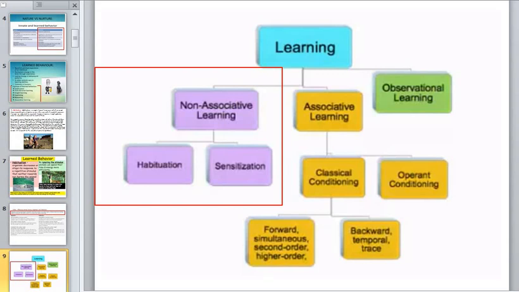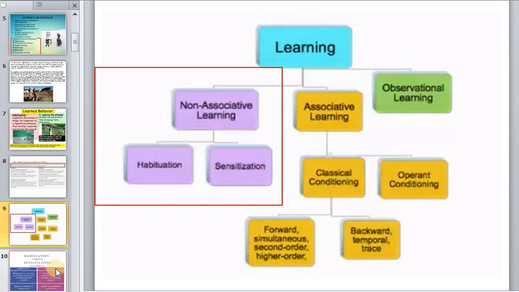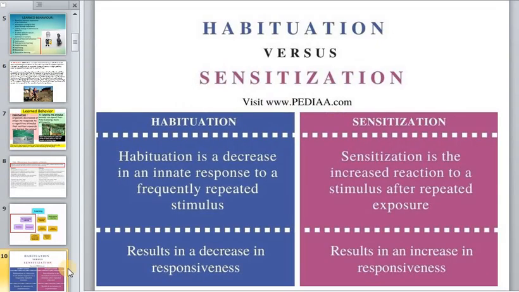Not associative learning. Here we see the habituation, and one more term includes sensitization. So no associative learning, it's habituation and sensitization. It's not the same.